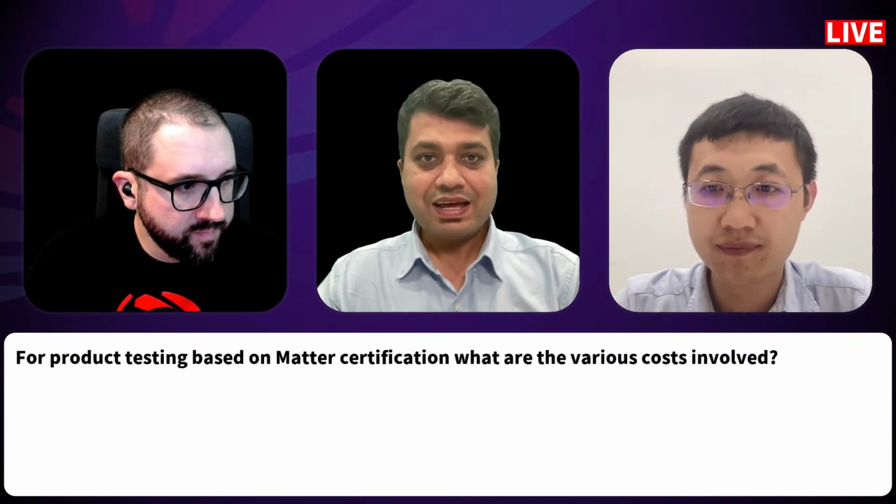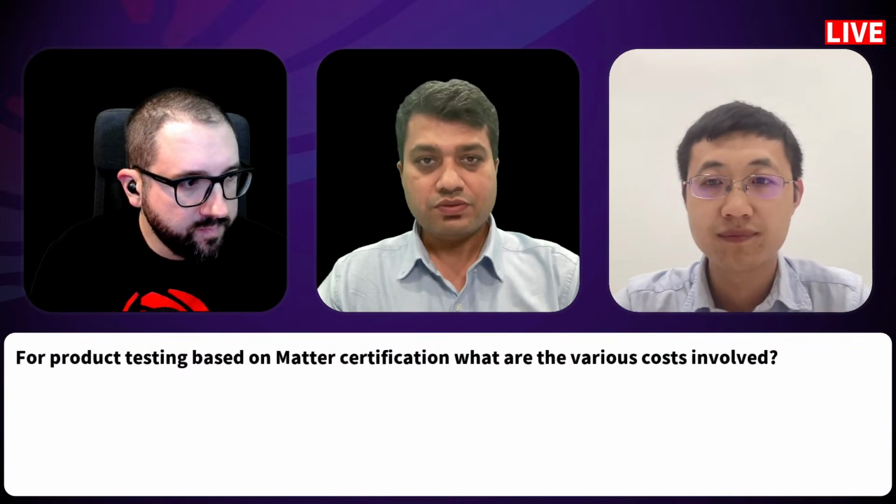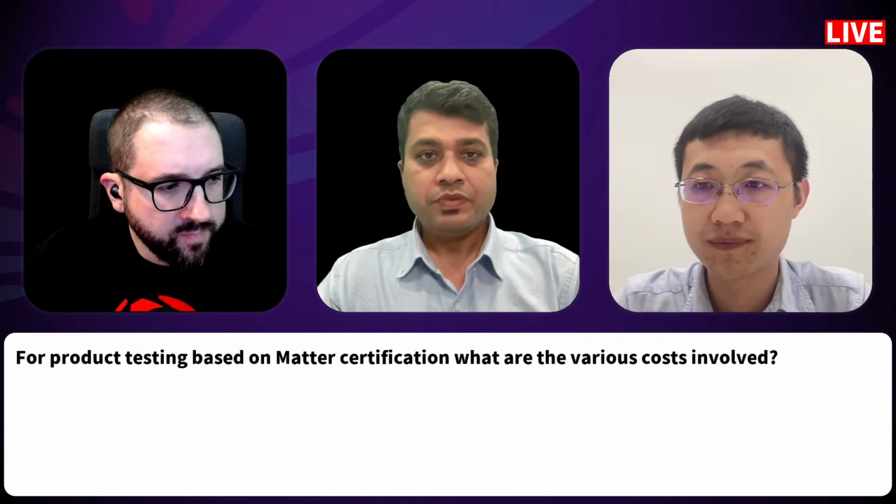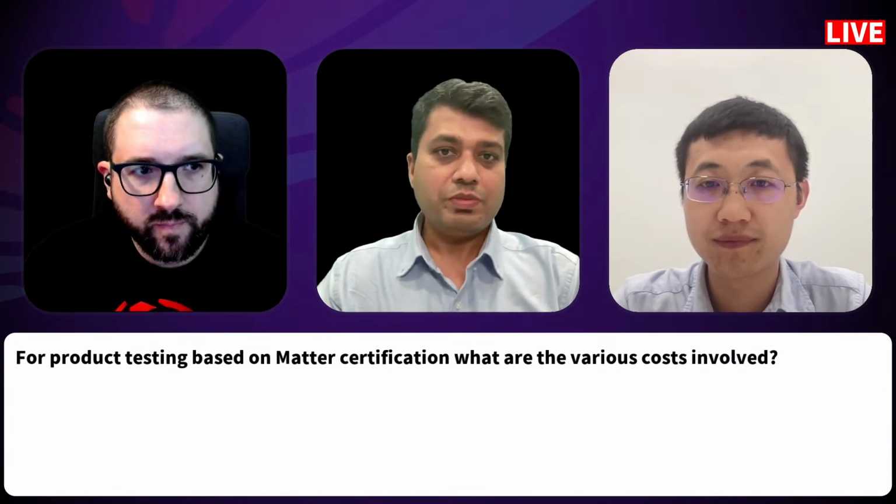Then, as we discussed, you have to approach an authorized test lab, and the lab will have its own charges based on the efforts that are required to run the certification testing. Once the labs submit their results to CSA, again, there is a certification fee that you have to pay to CSA to get your product certification artifacts. So, those are essentially the three different costs that are involved in getting the certification for your Matter product.